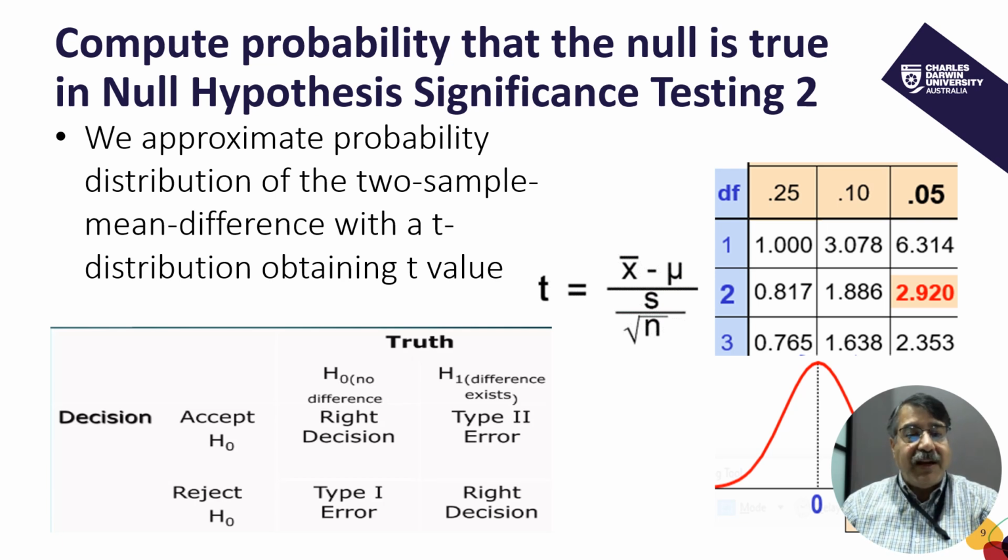If you see the column under truth of H0, the null hypothesis, in the second row we see type 1 error, and our decision is to reject the null hypothesis. When we reject the null hypothesis, we would be making a type 1 error if in truth there is no difference.